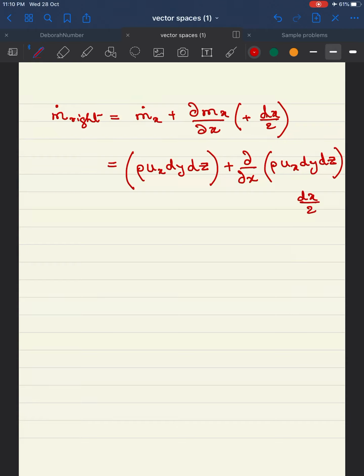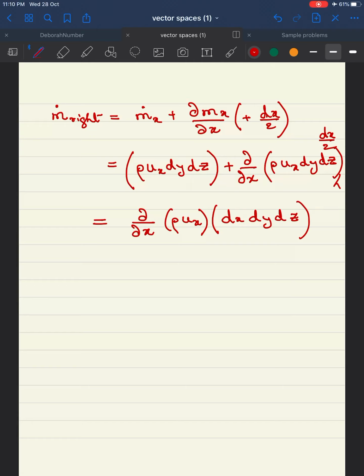Sorry, I've run out of space here, maybe I should put it here, dx by 2. So what do you get? You have del x of rho u x, and then I'm just going to take all this dx, dy, dz out, right?